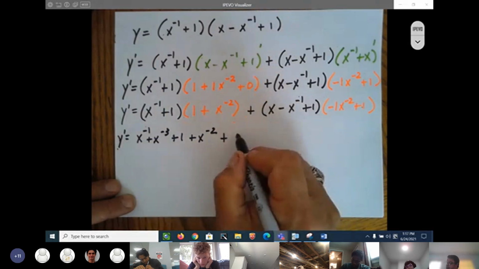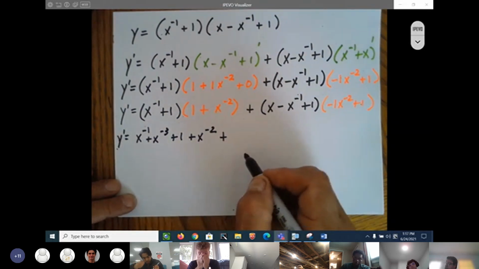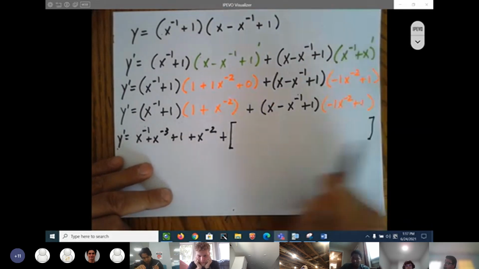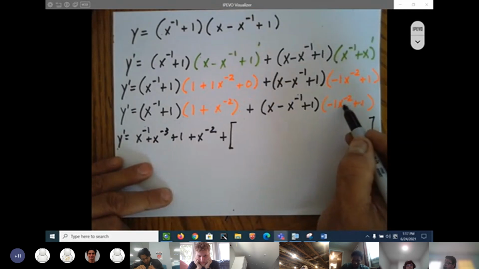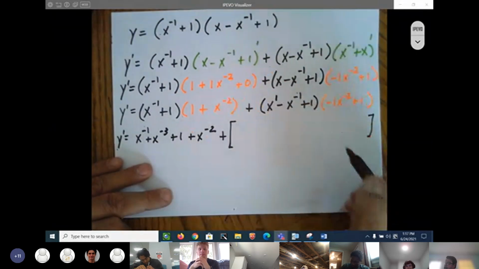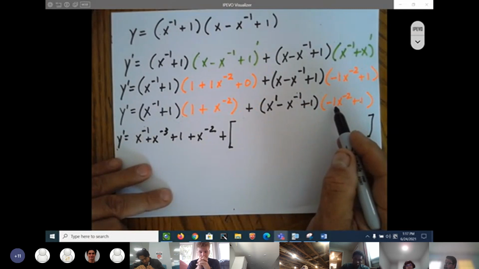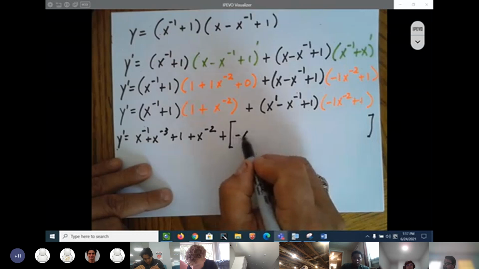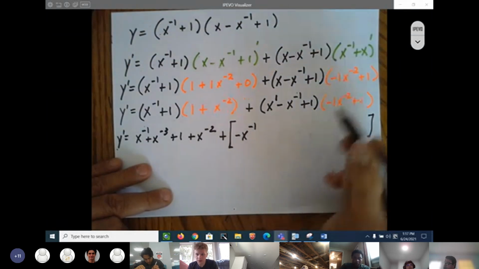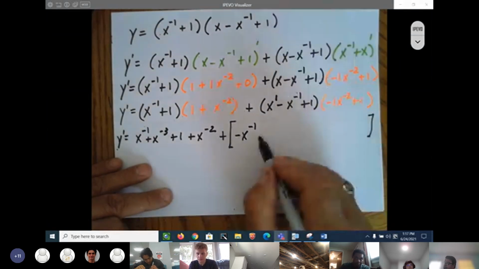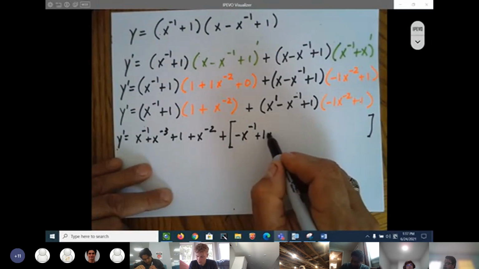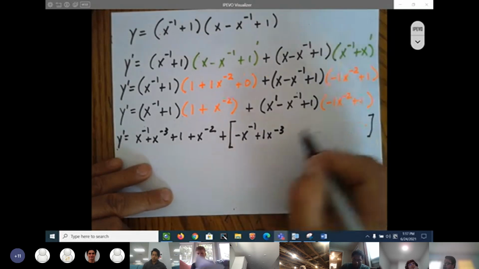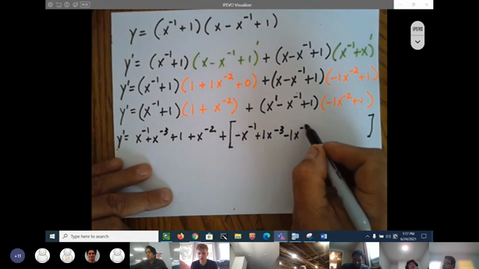Plus, I'm going to put this in brackets so I don't mess up. Negative 1x squared, or x to the negative 2, this is a 1. So what do you get? You get negative x to the negative 1, right? Yep. Positive 1, y'all check me here. Positive 1x to the negative 3. Yep. Minus 1x to the negative 2.